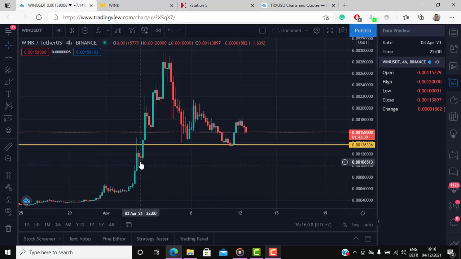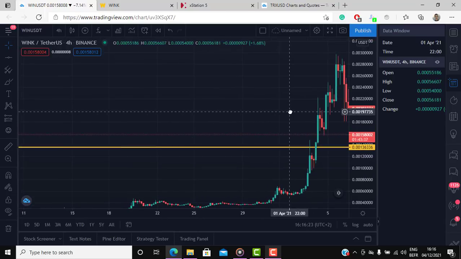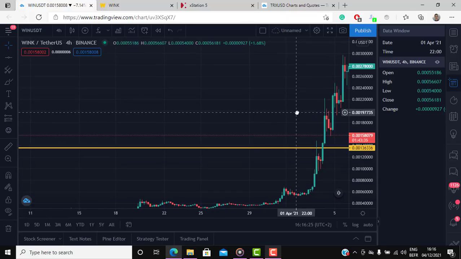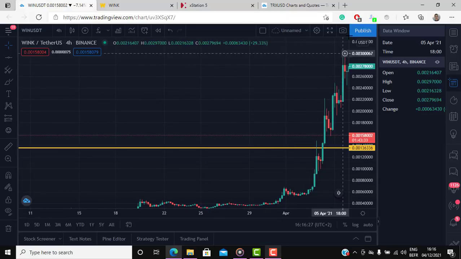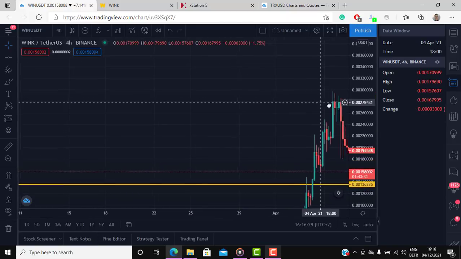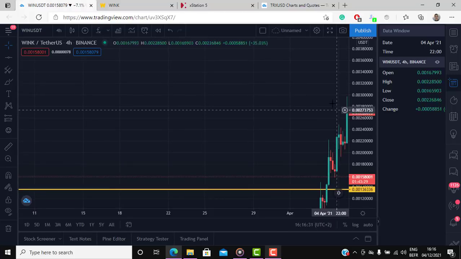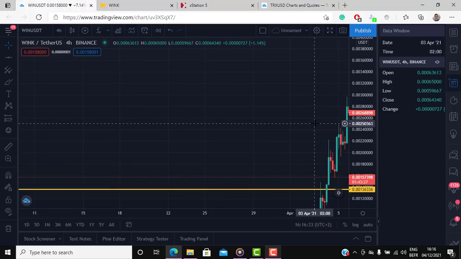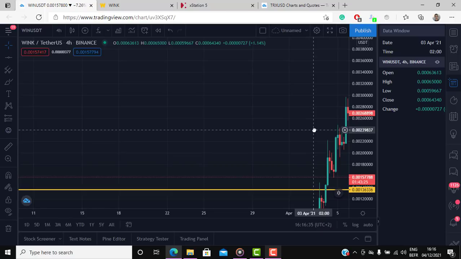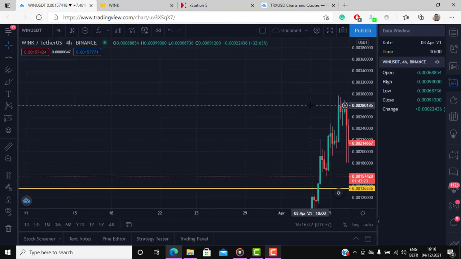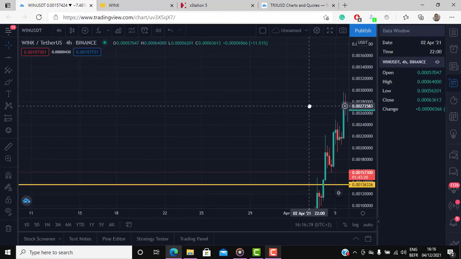Just because the correction hadn't happened yet, I've seen a lot of technical traders around here who were anticipating still a big move to the upside when the price was trading around 0.0028, and that's not what happened, because you have to be careful.